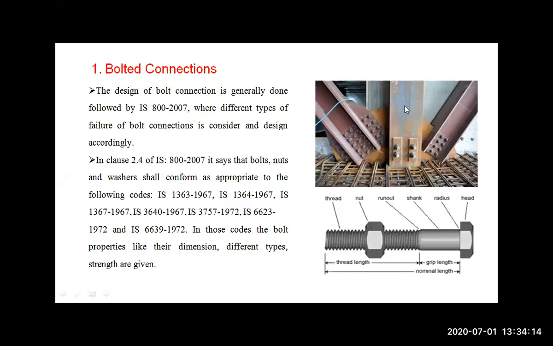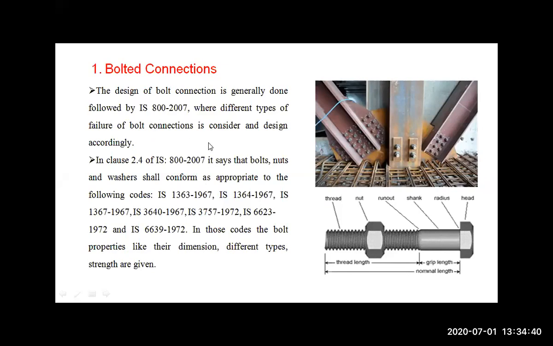The gusset plate is connected to a horizontal member, and these 1, 2, and 3 members are connected to the gusset plate by means of the bolted connection. Are you getting it?